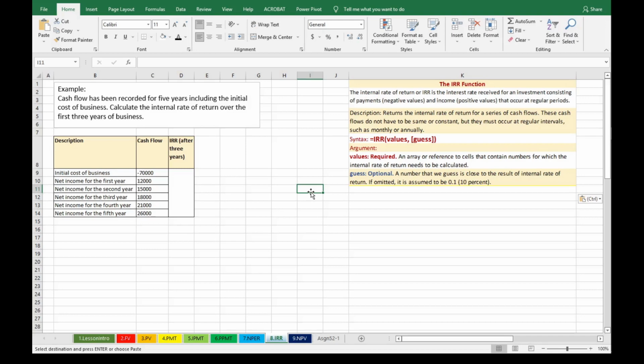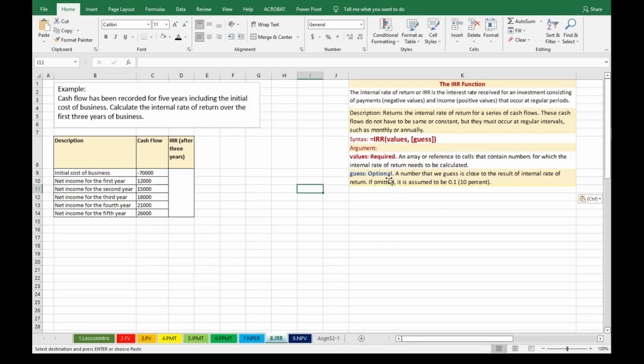The syntax for the IRR function is: we have values, which is a required argument, and guess is an optional argument. So values is an array or reference to cells that contain numbers for which the internal rate of return needs to be calculated.